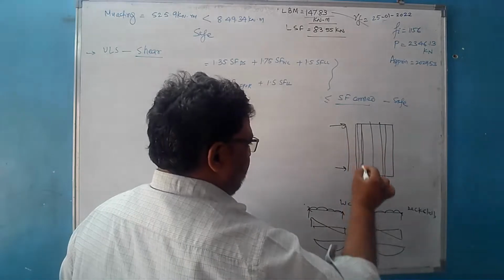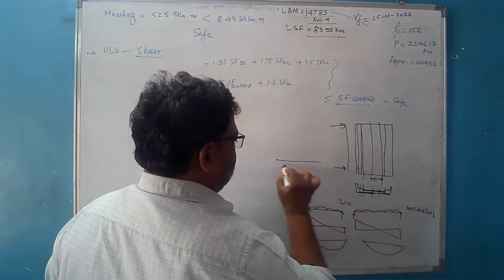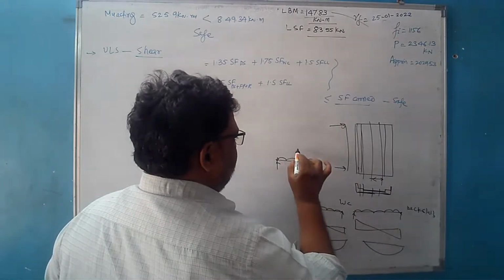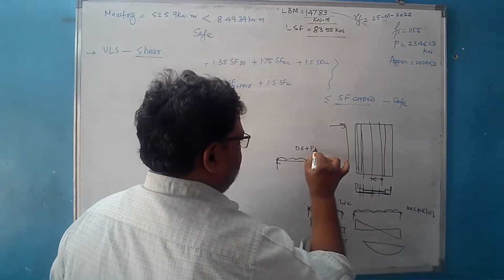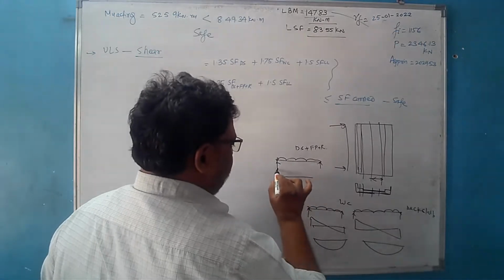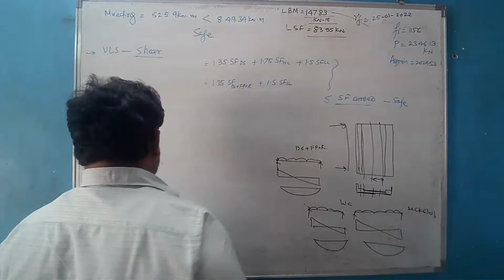Next, the 1 meter wide strip was considered from the footpath. The total self weight was determined, because of the deck slab, plus the footpath, and the railing. The shear force and the bending moment were determined. Is it right?